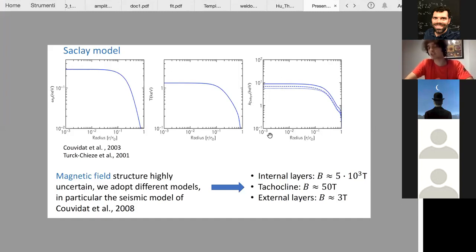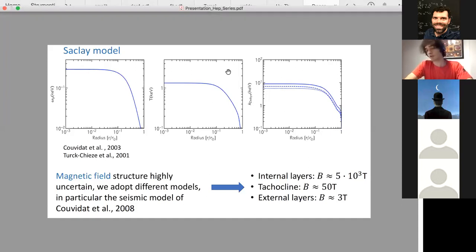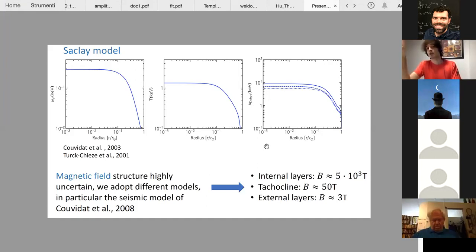Actually, I didn't talk about the Debye length, but it's an important quantity because, for example, we will compare with different processes that are mediated by Coulomb interaction, like Primakoff and Bremsstrahlung, and you know that there you have a divergence, and actually the screening of the medium cures this divergence, and so you have to take the screening into account.